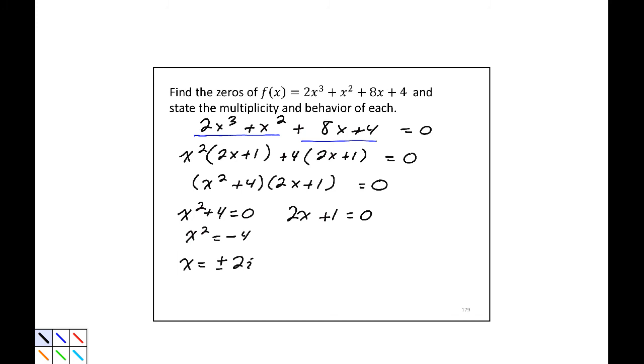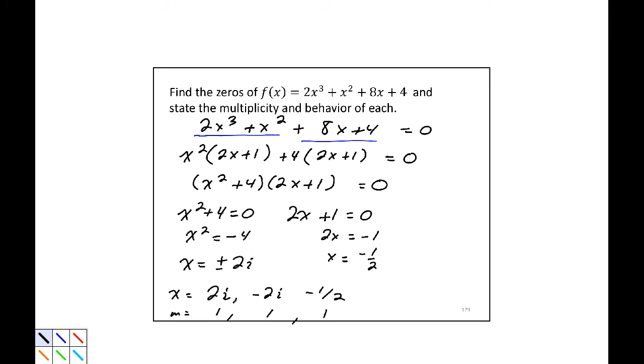So there we have two solutions, 2i and negative 2i, each with a multiplicity of 1. And the last, we would solve that. Subtracting 1, we get 2x equals negative 1, which means that x equals negative 1/2 with a multiplicity of 1. Again, we have 3 solutions and a degree of 3.